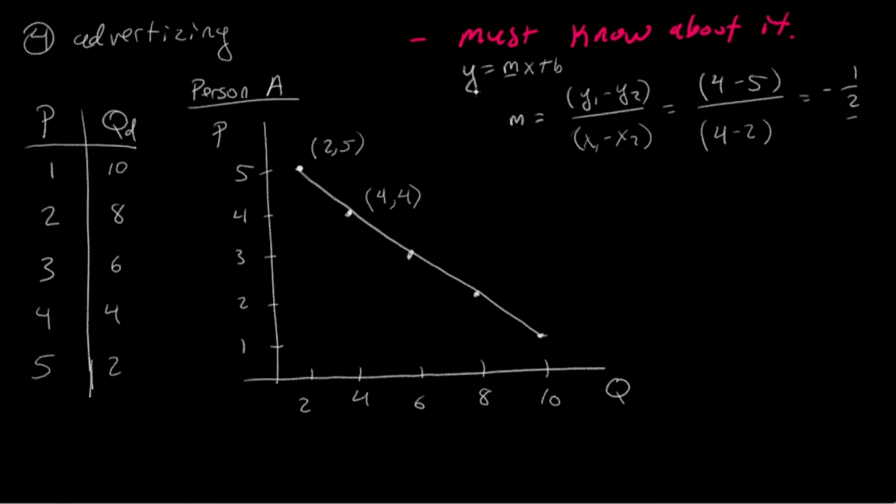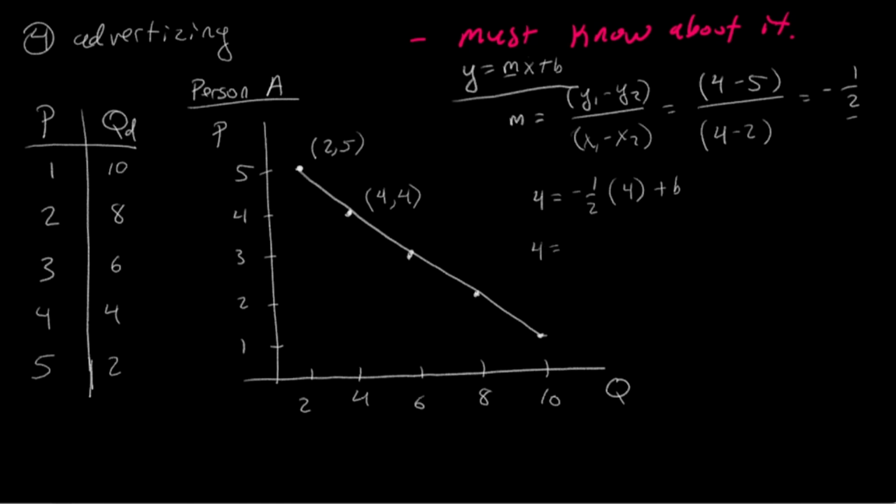And if we plug the point and the slope into our equation, we have 4 equals minus 1/2 times 4 plus b.